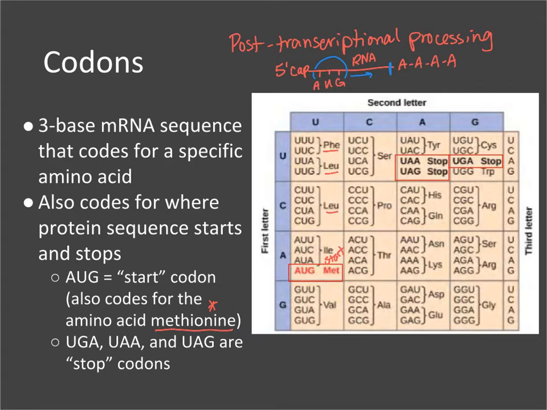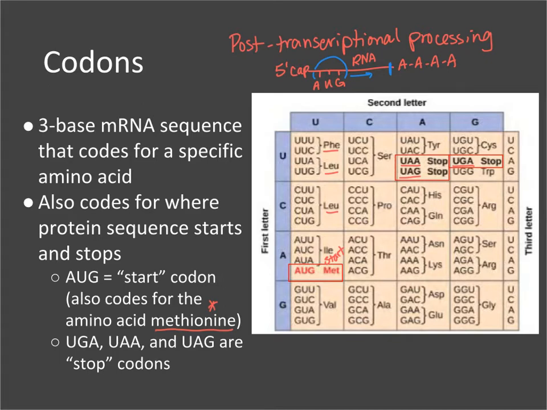And so if the ribosome comes across either UAA, UAG, or UGA, these are known as the stop codons, and it's a signal to the ribosome that it needs to stop the translation process, and it detaches from the RNA, and then the protein is done being made.